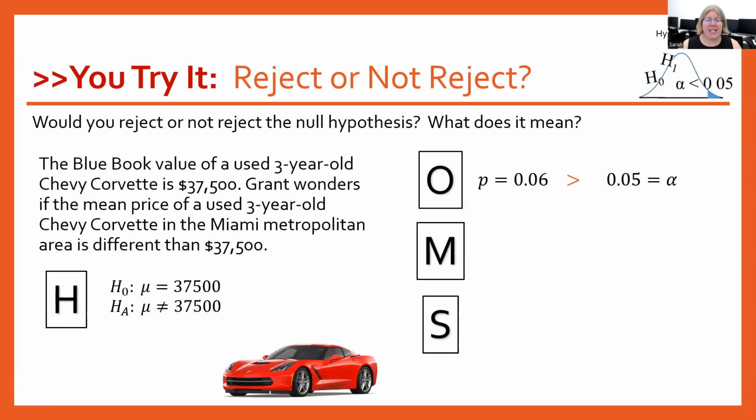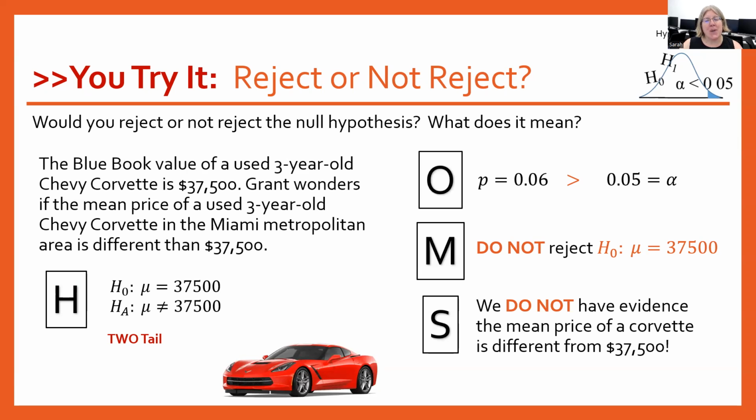So that not equal is telling us that we have a two-tailed test. And then with a p-value of 6% against an alpha of 5%, that means our p is bigger than alpha. So we do not reject the null hypothesis. And in context of this problem, that means we do not have evidence that the mean price of a Corvette is different than $37,500.